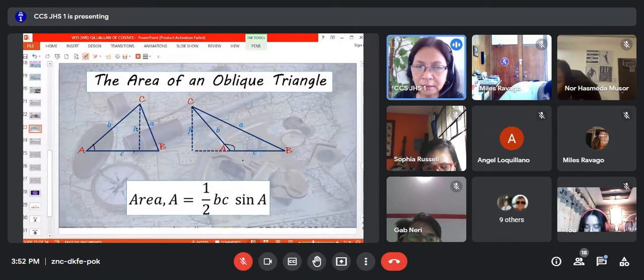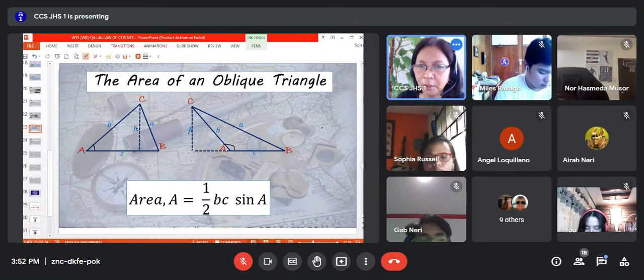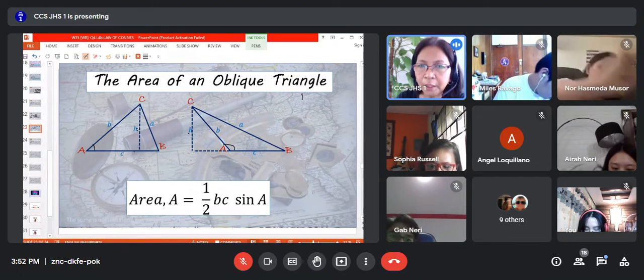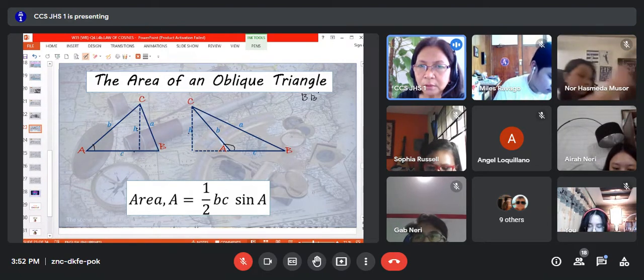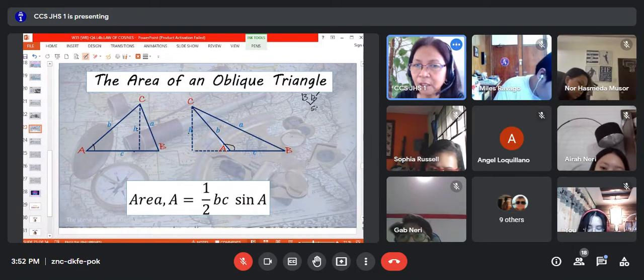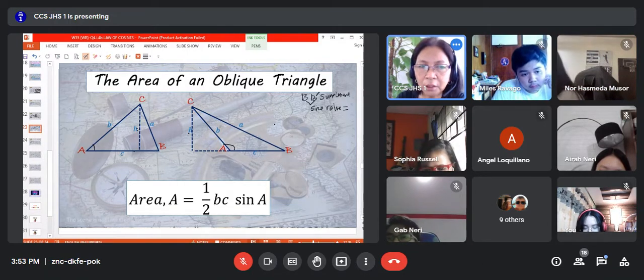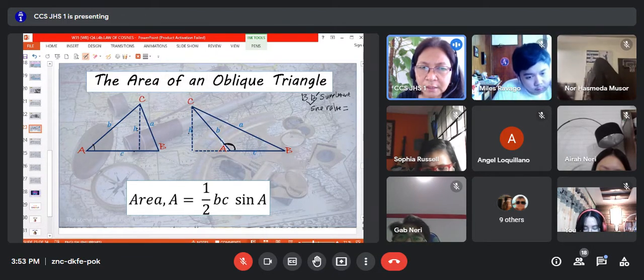Because we have learned from our lesson in two triangles that if two angles are supplementary, like angle B and B prime, their sine values are equal, diba? So even if your angle is obtuse, and we solve for h using this angle, it will still give you the altitude h.